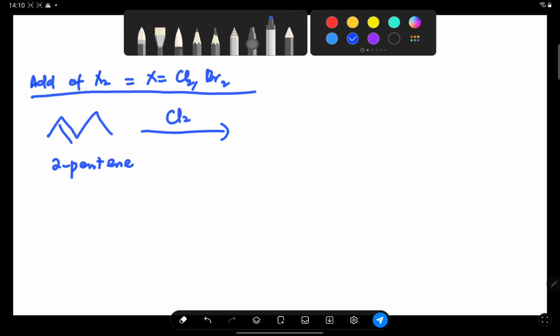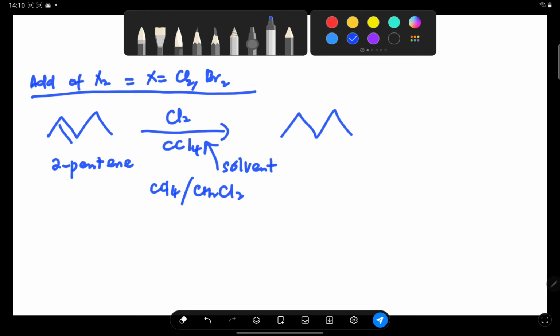So Cl2 in the presence of CCl4. Here CCl4 will act as solvent. You can use CCl4 or CH2Cl2.